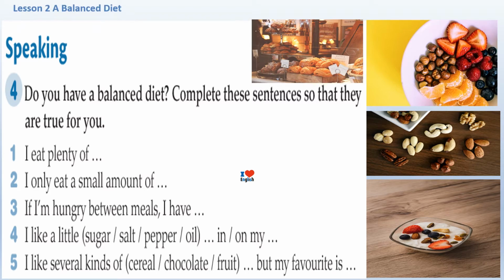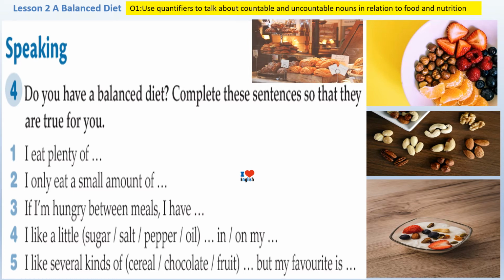Try to complete the sentence about the food you eat every day. I have completed the sentences so that they are true for me. Of course, you are going to change the answers so that the sentences are true for you.